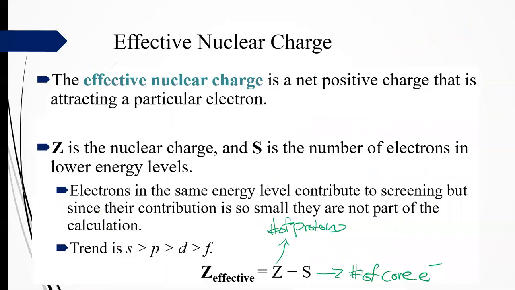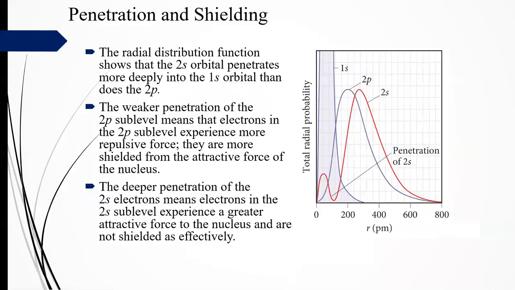Now, the effective nuclear charge for your orbitals is also a little bit different. Electrons in s versus p versus d versus f feel different amounts of effective nuclear charge. S feels the most, f feels the least, which is kind of how we get the splitting of our energy levels. But the reason why this happens has to do with their penetration.